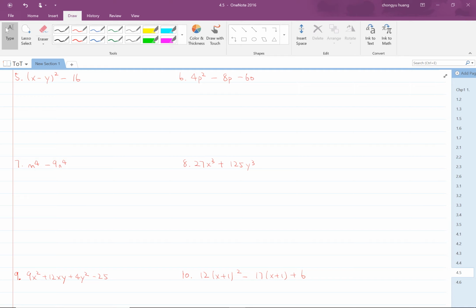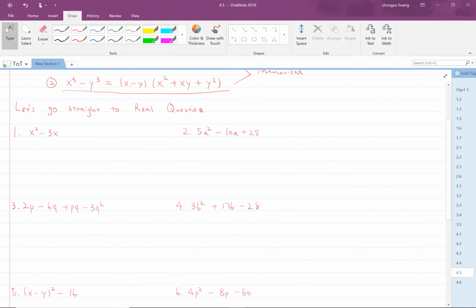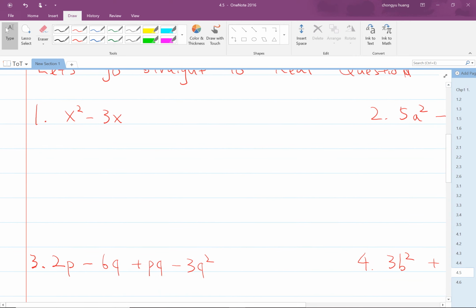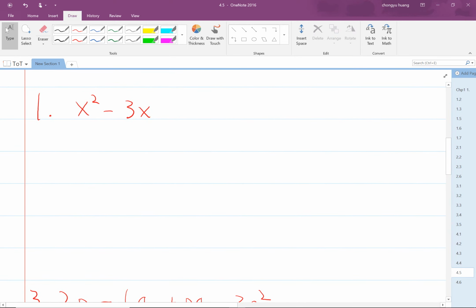Okay, let's move to the top and do question 1. As I said before, this chapter is about the strategy of factoring different questions. The first question is x squared minus 3x.